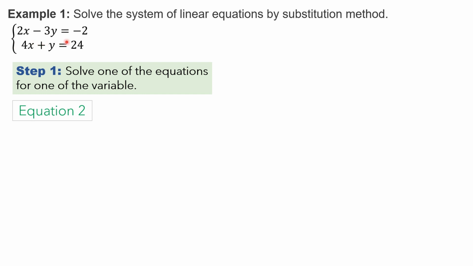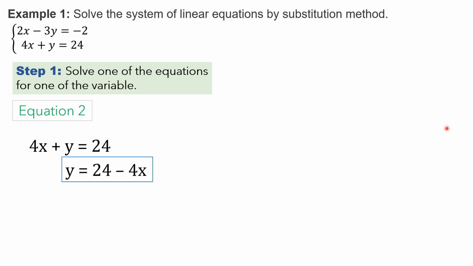Because there is a variable here in the second equation that has no numerical coefficient, which is the variable y. Therefore, I can easily solve for y by just transposing this positive 4x to the other side. It will become negative 4x. Then after that, we have solved for y already. We will use this value of y to solve for the other variable, the variable x.